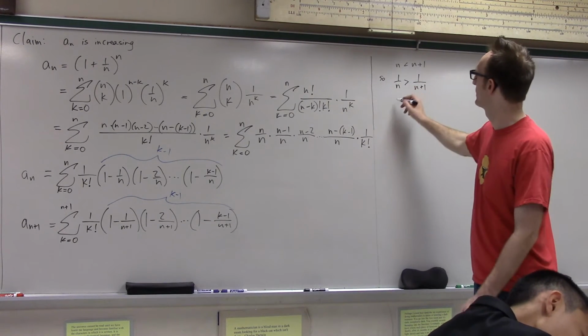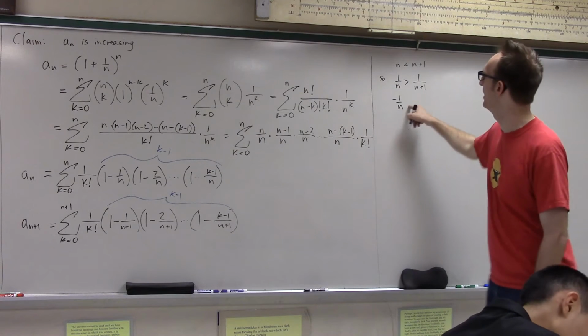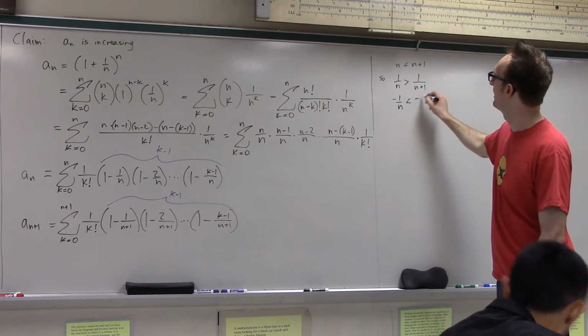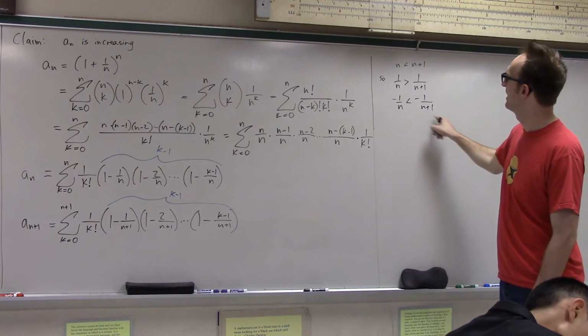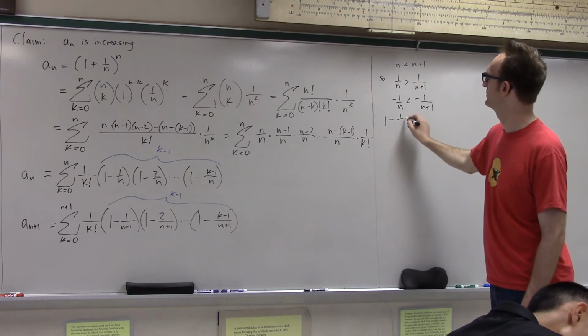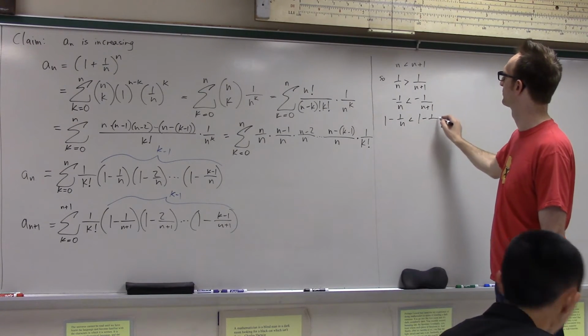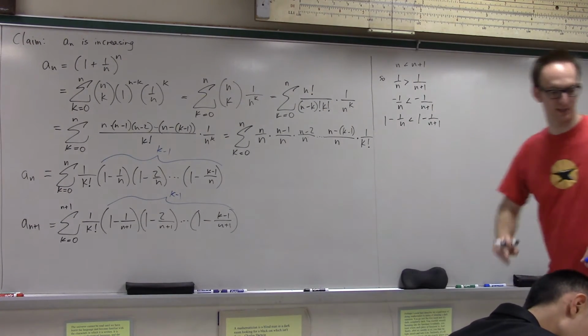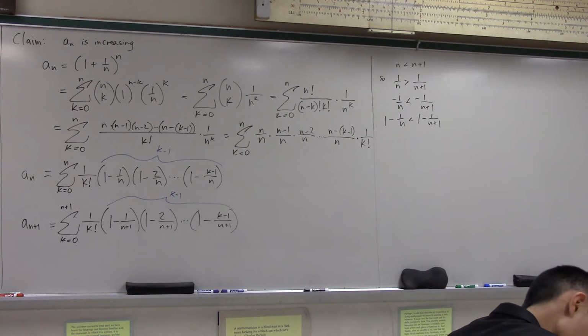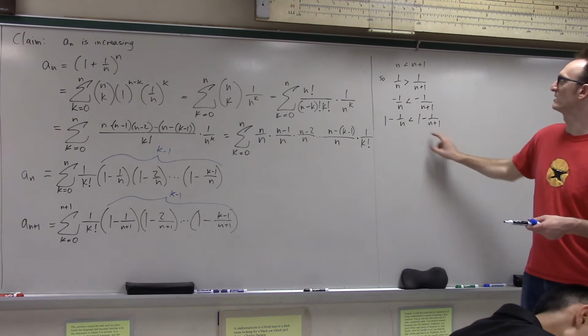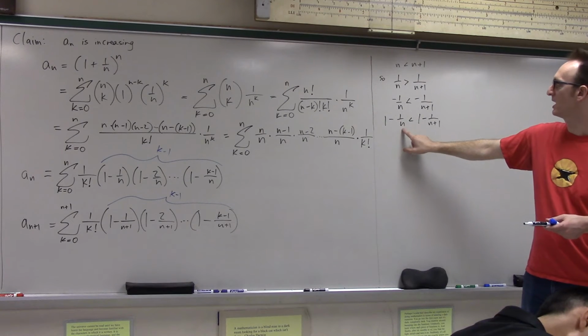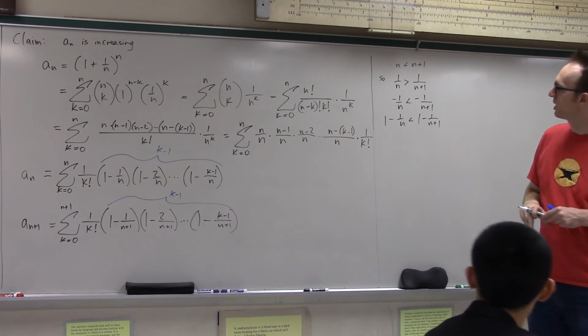And then if you throw a negative in there, the inequality flips again. Everyone with me? Yeah. And then you can just throw in a 1. So I just proved the properties of inequalities, the kind of obvious claim that this is going to be less than this because I'm subtracting something bigger, because this fraction is bigger.